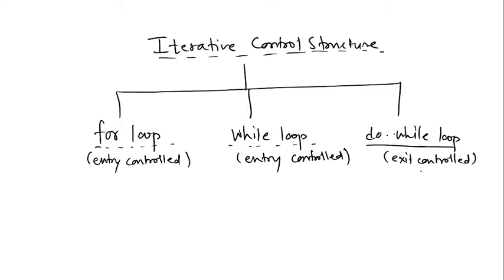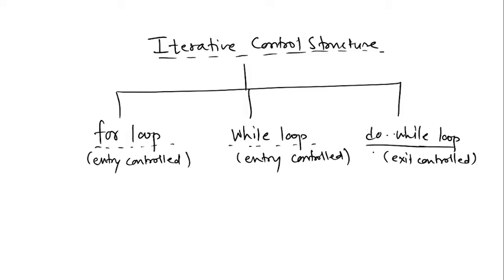Obviously you will get to know more on that when we go for while and do while, and we'll see the difference with the syntax and so on. But as you see from the name, do something while the condition is true. That means it will execute the body once, and then for repeating it again, it will check the condition at the end of the block or at the end of the loop. That's the reason it is considered to be exit control.